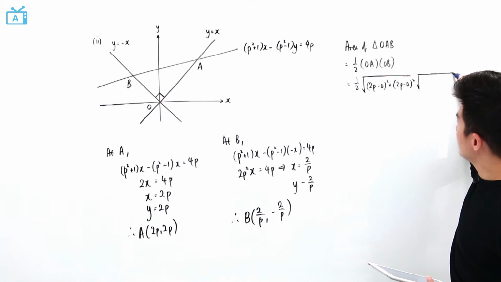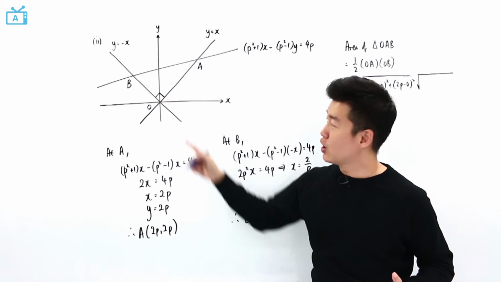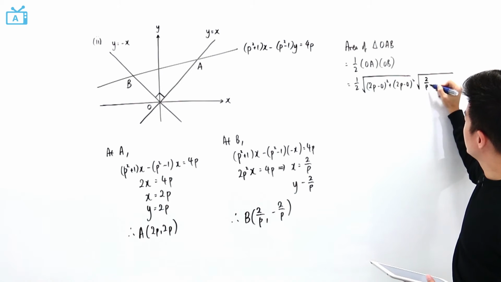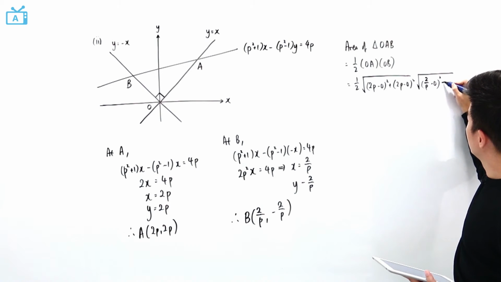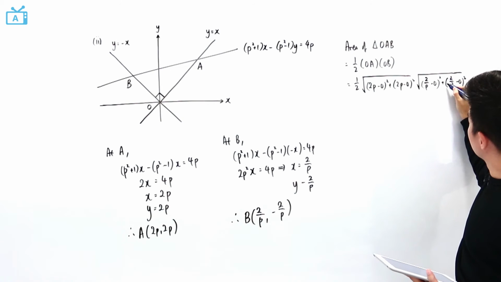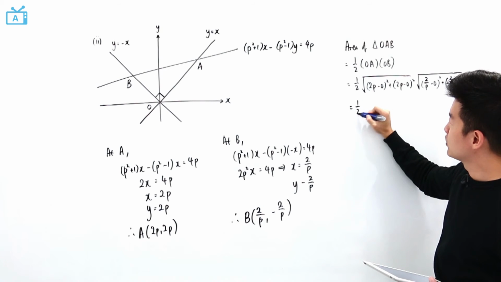Multiply by OB, and I'm going to do the same thing. I have the coordinates of B with reference to the origin O 0, 0. That is going to be 2 over p minus 0 squared plus, sorry, minus 2 over p minus 0 squared. So this is going to be equal to half.